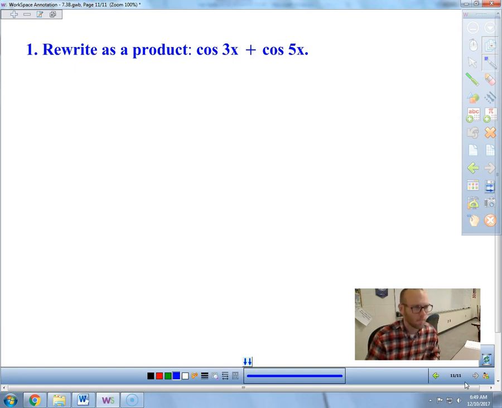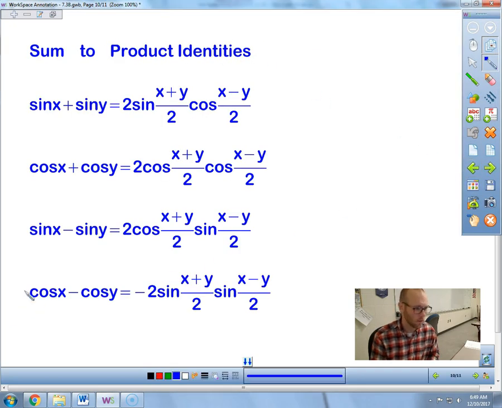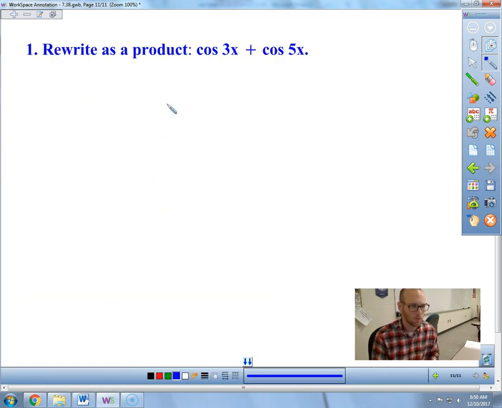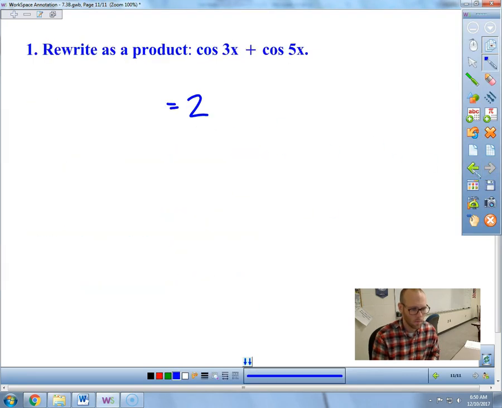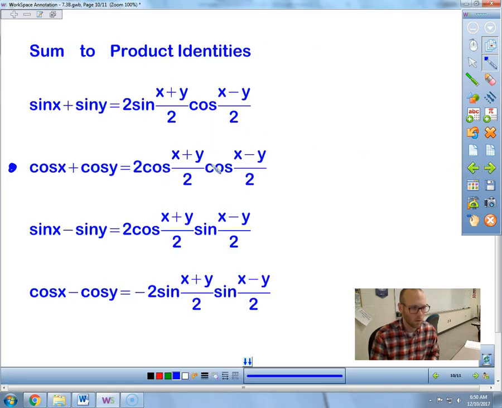Okay, I want to finish just looking at this. Rewrite as a product. I have the cosine of 3x plus the cosine of 5x. I want to rewrite that as a product. Hey, this is cosine plus cosine. We're taking a look at this second one. The cosine plus cosine equals 2 cosine of x plus y over 2.